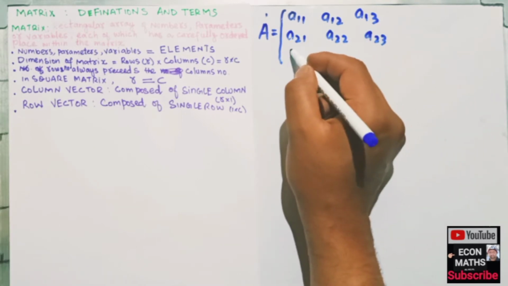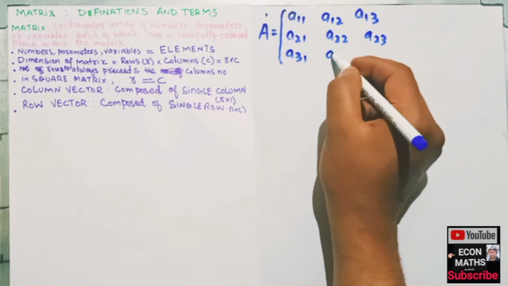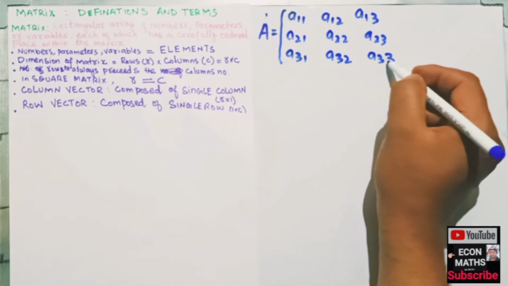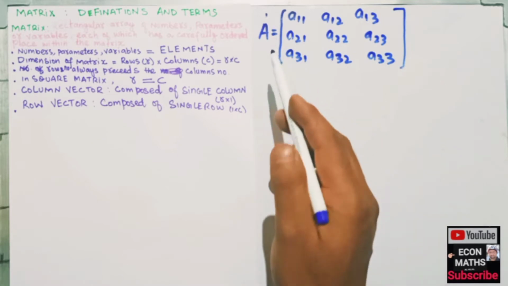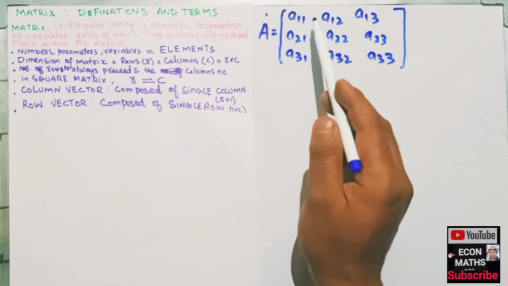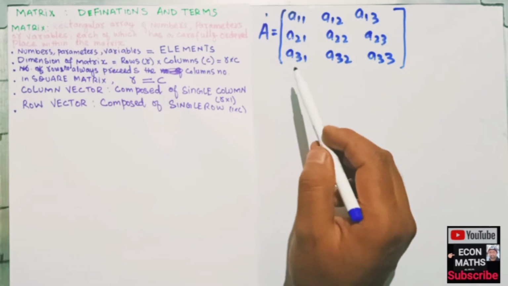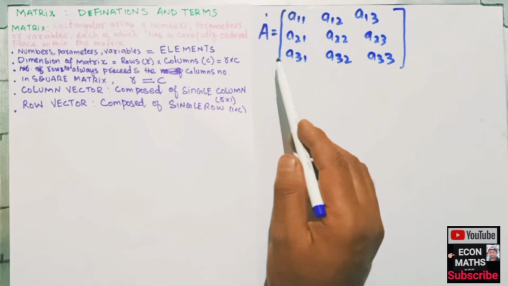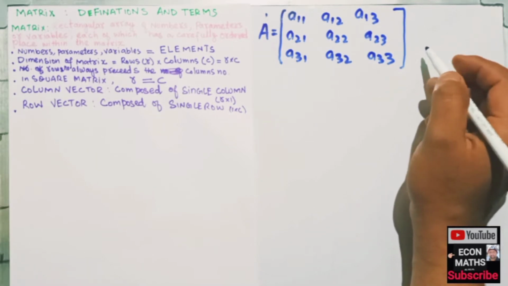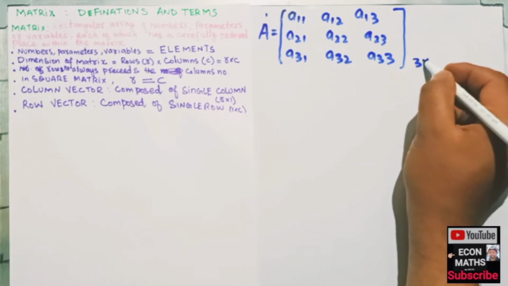Similarly, A31, A32 and A33. Now this is a general matrix that is 3 cross 3. That is, the number of rows here is 3 and the number of columns is 3. So the dimension of this matrix is 3 cross 3.